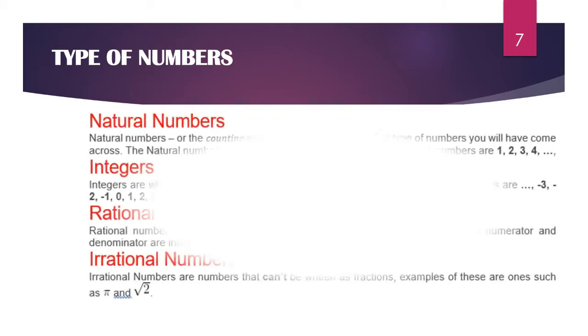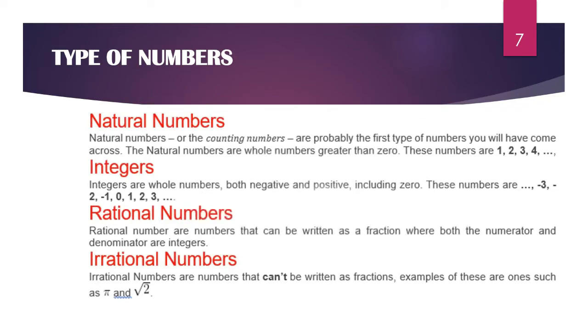Next topic. We have to know what the types of numbers are, because there are many kinds of numbers. Natural numbers, integers, rational numbers, and irrational numbers.